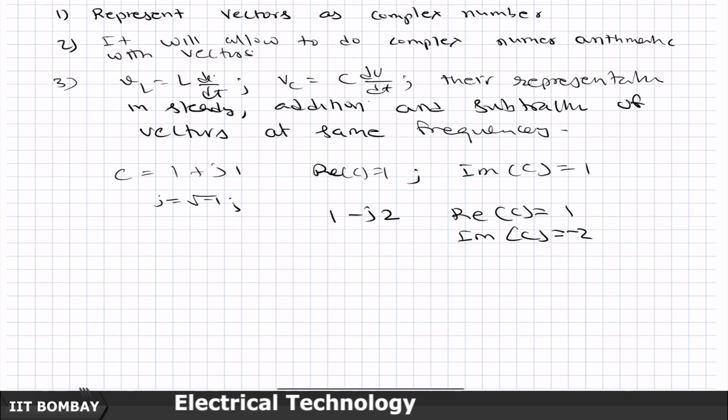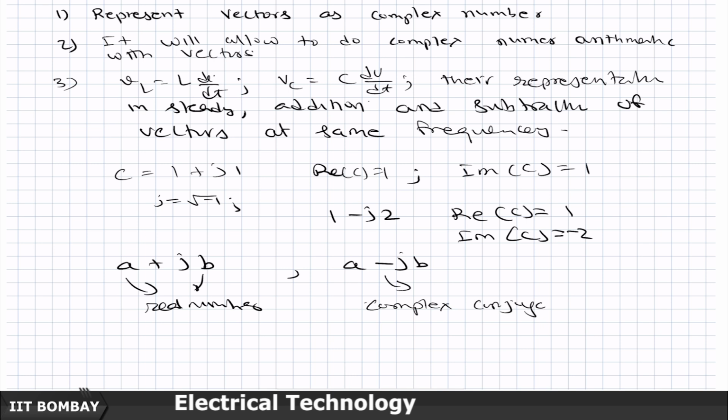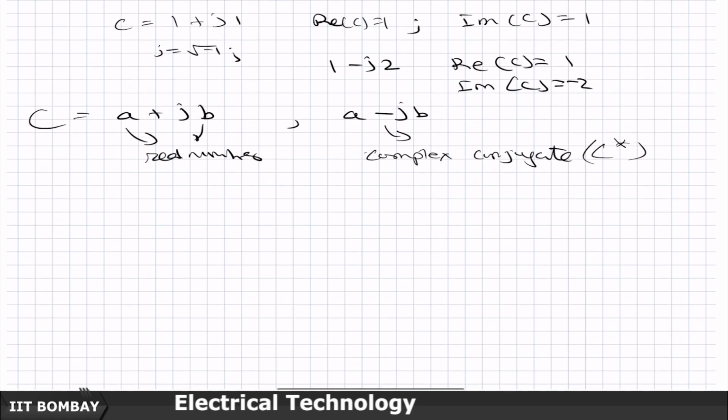And if a plus j b is a complex number, these two being real numbers, then a minus j b is called the complex conjugate, and if this is C, then it is represented as C star. So, these are some of the common things that we do.